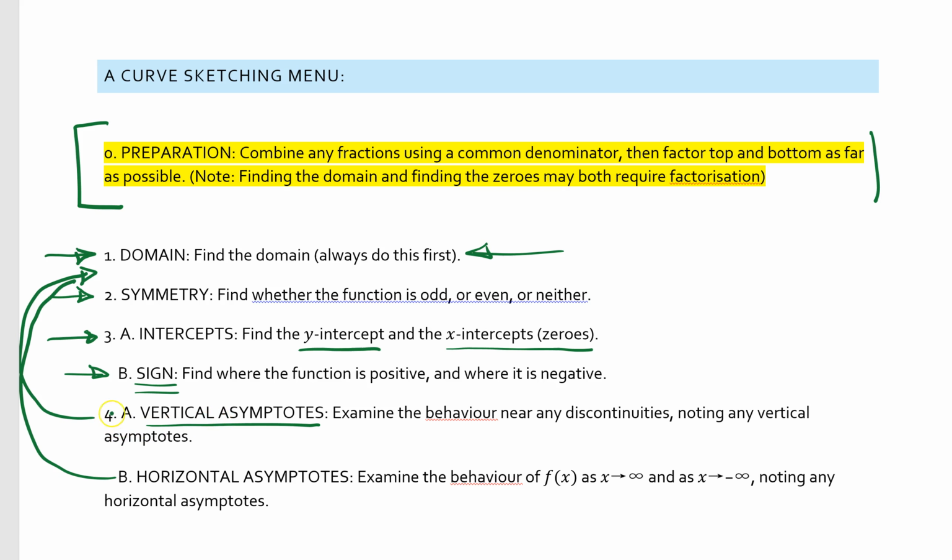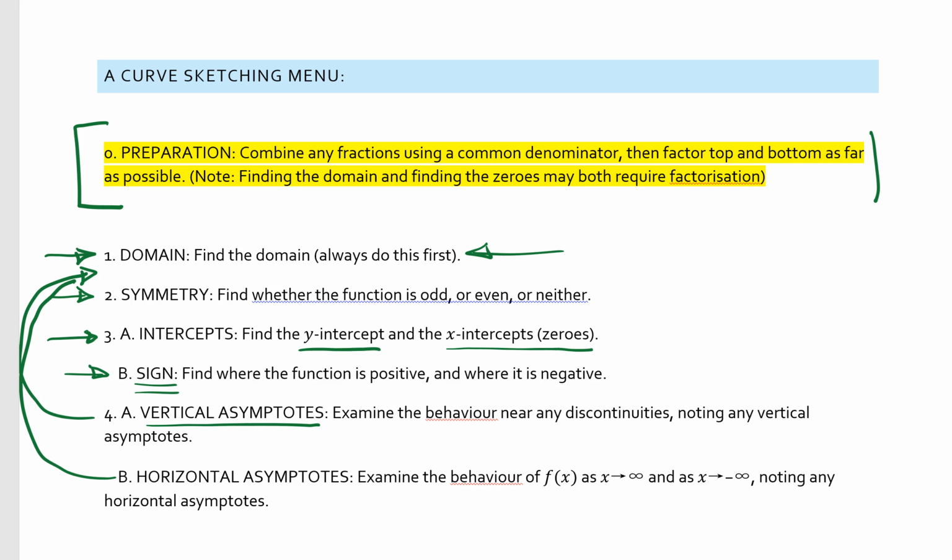Think about the asymptotes next. Or actually probably the intercepts next, asymptotes after that. Then if you've got time, think about symmetry, and if you need to, think about sign after that. But it's going to vary depending on how easily you see the essentials of the curve.